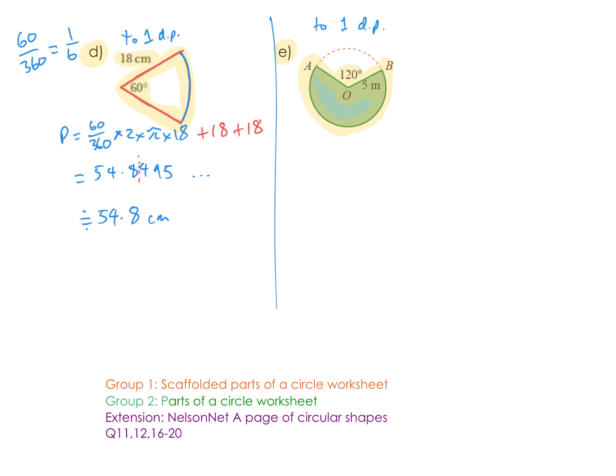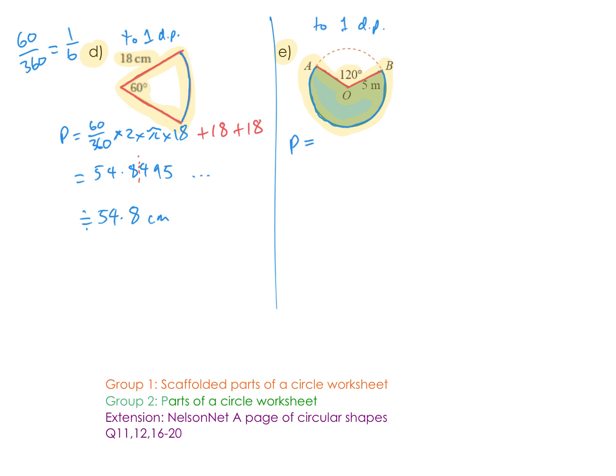This question is actually the same. There's barely any difference between this one and the last one. We've got a curly part, a straight part, and a straight part. So I need to know what fraction of the whole circle I have here in blue.